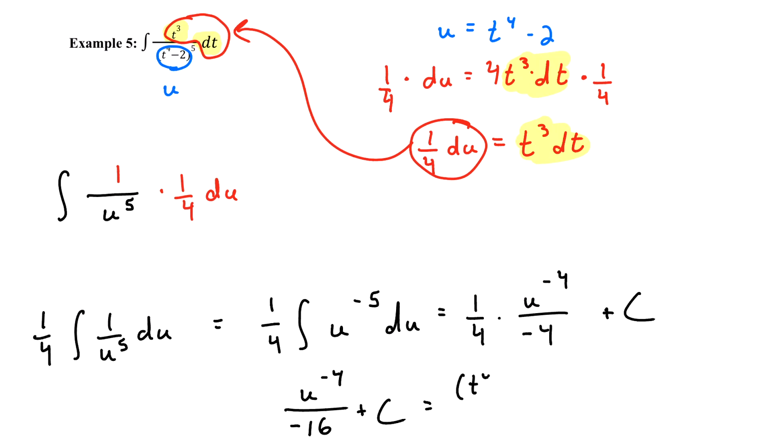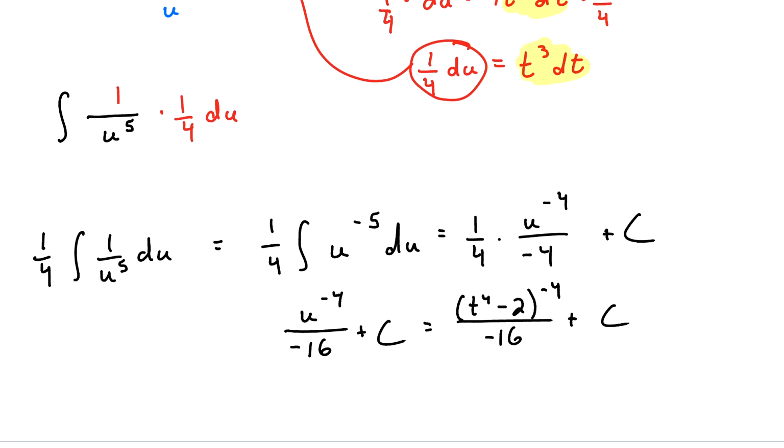So t to the 4th minus 2 raised to the -4 power divided by -16 plus c. Or if you want to rewrite that without negative exponents, we can say that's 1 over -16 times t to the 4th minus 2 to the 4th power plus c. Either one of these would be fine as your solution. So this is our general antiderivative.